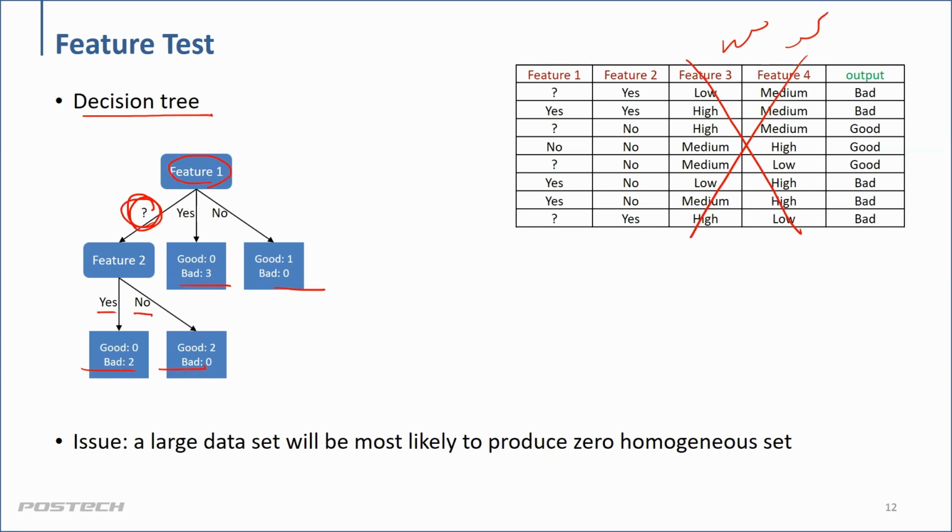But between feature 1 and feature 2, which one do you think is more important? Feature 1, right? So in a decision tree, this is the most important feature. So another outcome of a decision tree is that we can tell feature importance.